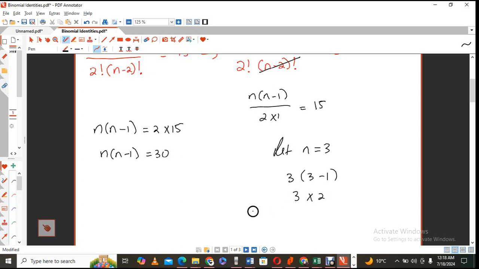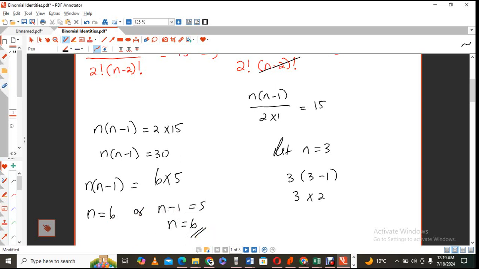Therefore, I know that 30 is the same as 6 times 5. So I can find my answer where n is equal to 6. You get the same answer when you say n minus 1 is equal to 5. Of course, you will see that n is equal to 6. So the answer there is 6.